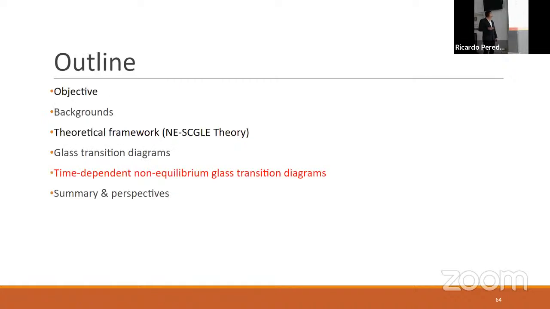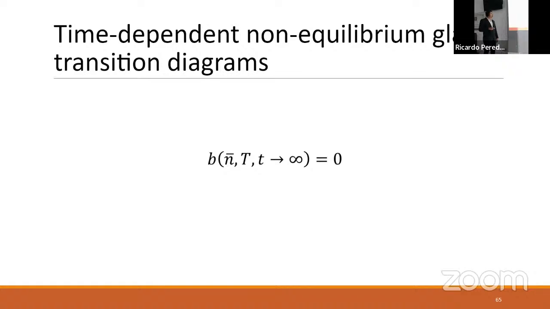So how do we input the time dependence in such diagrams? Because the thing about the glass transition diagrams that I just showed is that they are found only when long asymptotic waiting times are considered.